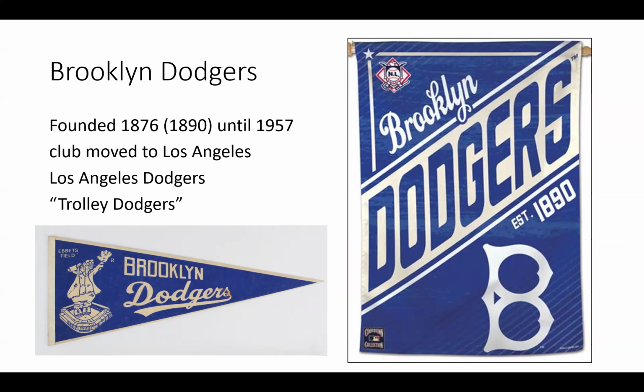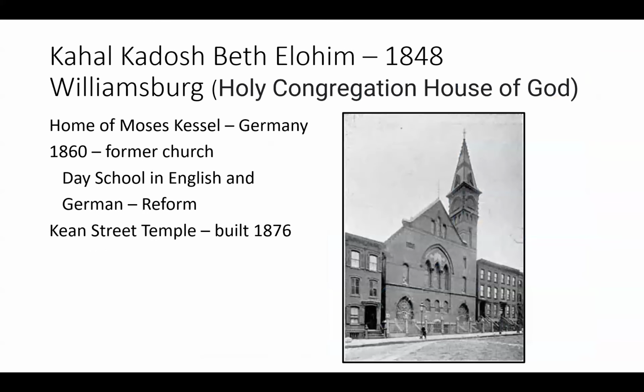They were called the Dodgers because the trolleys that were being built following the Civil War in Brooklyn and New York were notoriously dangerous. They didn't stop for anybody. And so you had to dash away whenever you saw a trolley coming. And so for some, I guess the Brooklyn trolleys were especially dangerous.